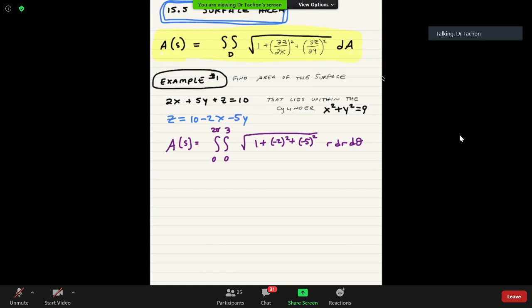And then just compute this. What is that radical? 25 plus 4 plus 1. That's radical 30, isn't it?